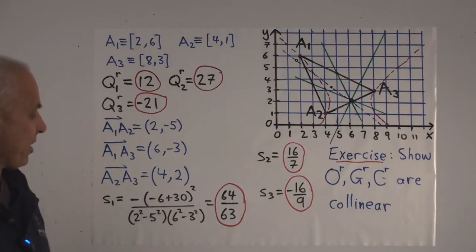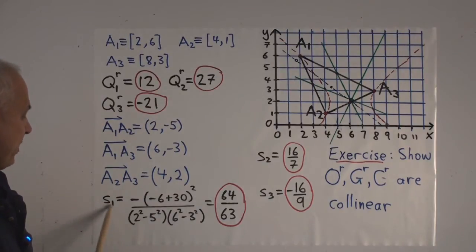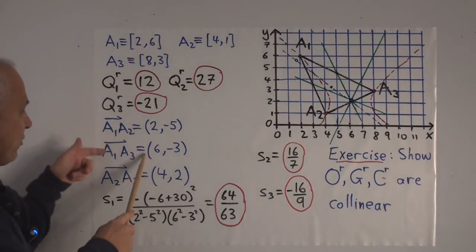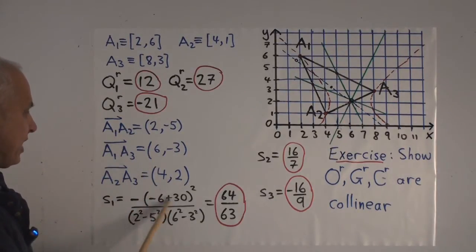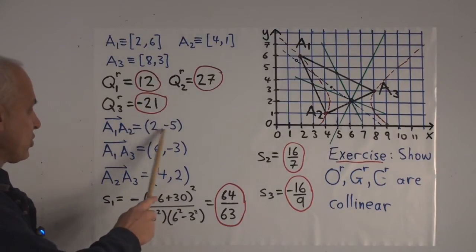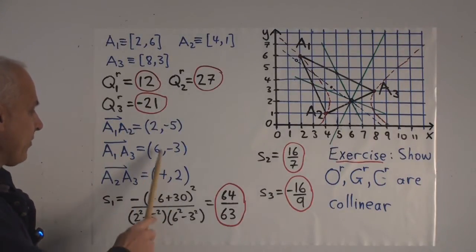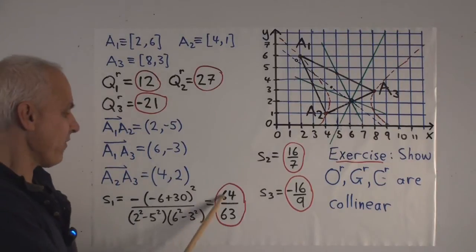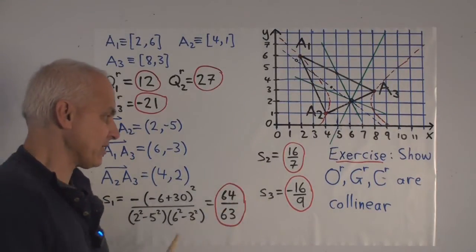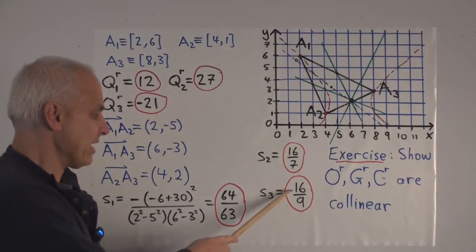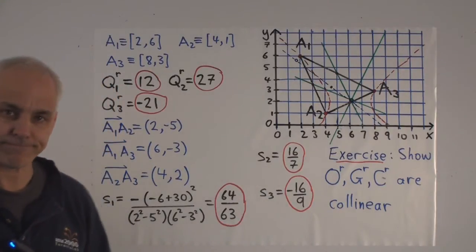And then applying the formula on the previous page, for example, S1 is the spread between these two directions. So we get 2 times minus 3 minus 6 times minus 5, divided by 2 squared minus 5 squared times 6 squared minus 3 squared, which is 64 over 63. And the other spreads you can calculate are 16 over 7 and minus 16 over 9.